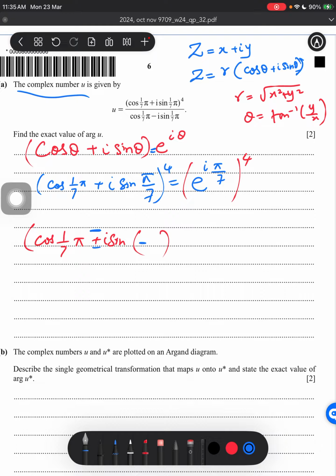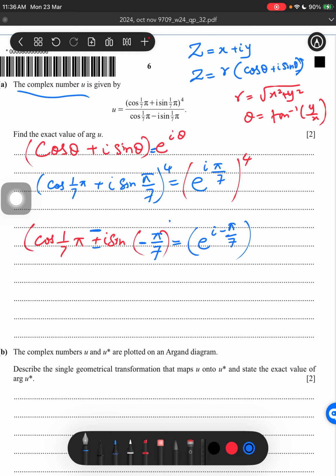That means this angle must be in the other quadrant. So this is just without the power, with i negative pi by 7. That would be simple for the denominator.